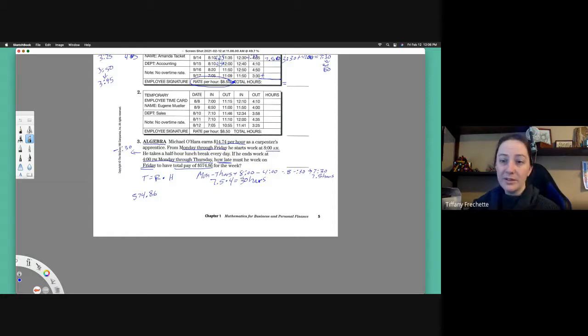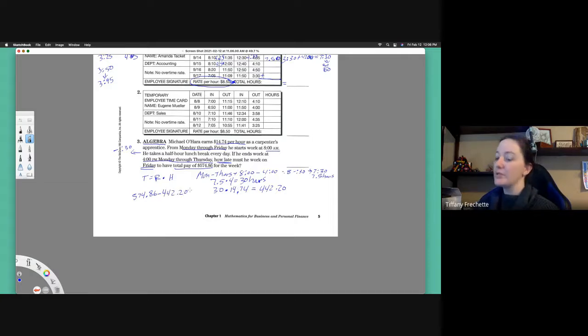So we need to figure out what he's already made because we need to know that to know how much is left for just Friday, right? So 30 hours times his pay rate, which is $14.74, right, equals he's already made $442.20 this week. So that's how much he made Monday through Thursday. So we're going to subtract that real quick.